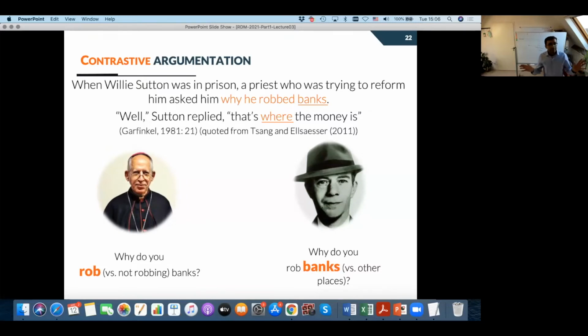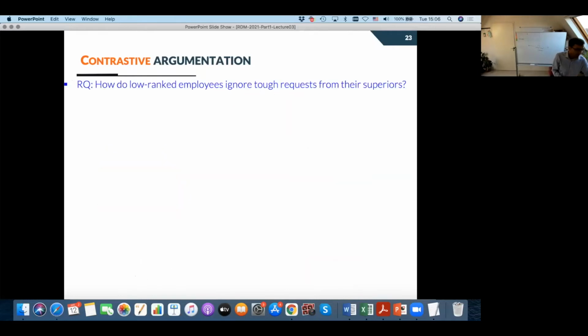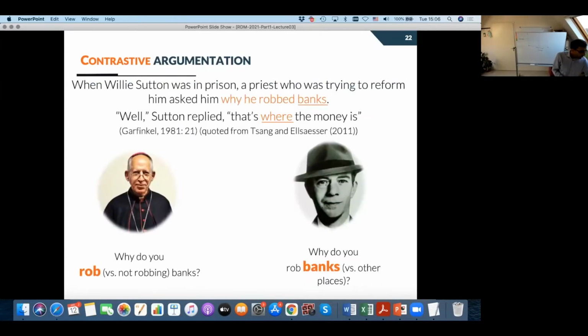So this is the core of a technique called contrastive argumentation. If you want to read this paper, I can also post it on Canvas. It outlines the way you can use contrastive argumentation in crafting your research question.